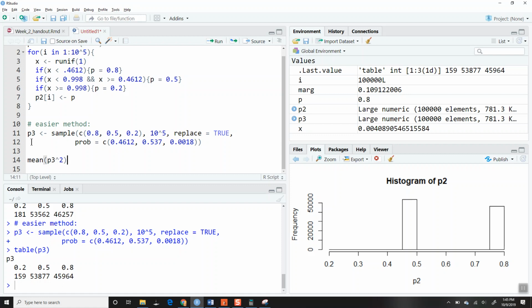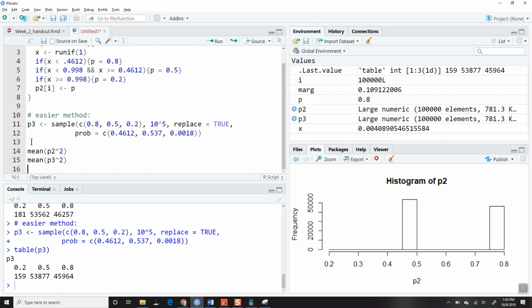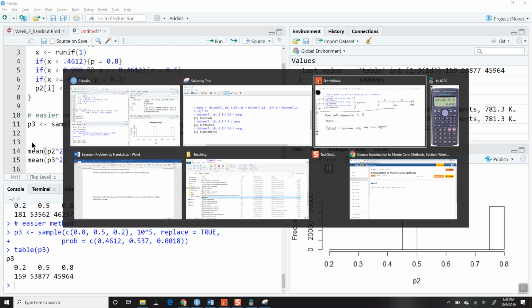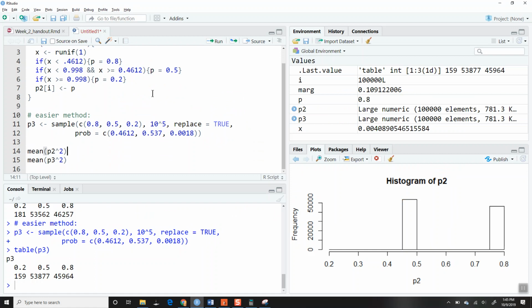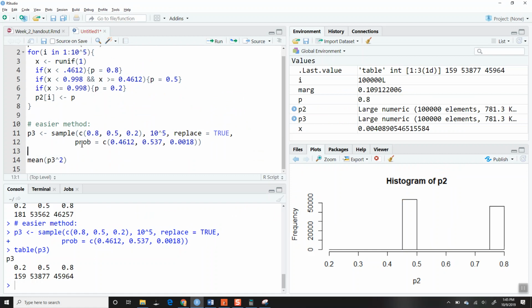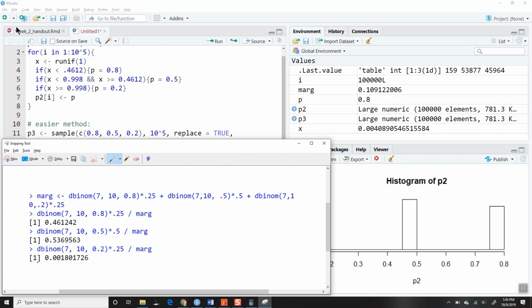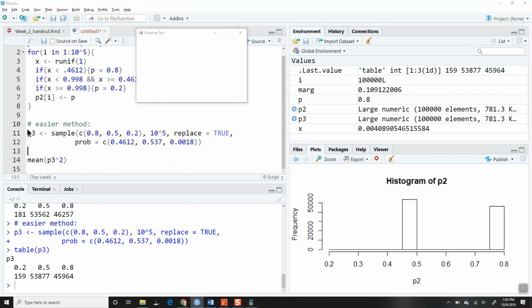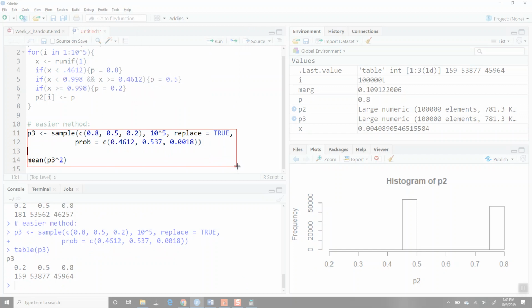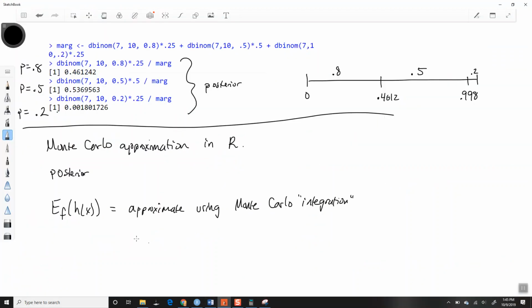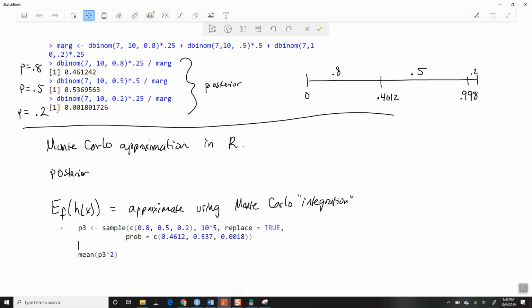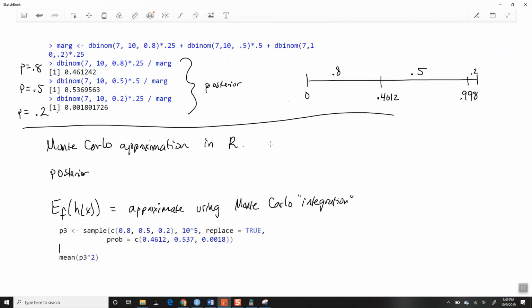So I've got the mean of P3 and the mean of P2, and we square it, the mean of just h of x. So approximate using this. So this here is basically the mean of h of x.